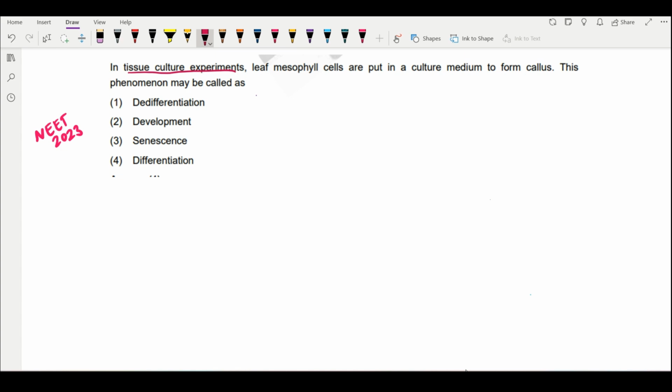Now, in these tissue culture experiments, leaf mesophyll cells were put in the culture medium. So, culture medium is nothing but a petri plate. You take a petri plate, onto the petri plate, you add medium. Media is nothing but a substance which is a rich source of nutrients to form callus.